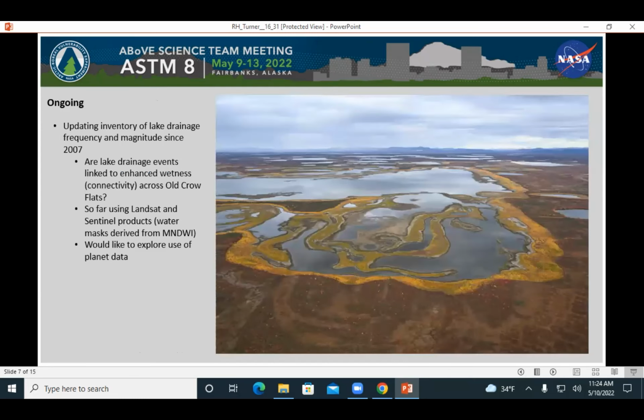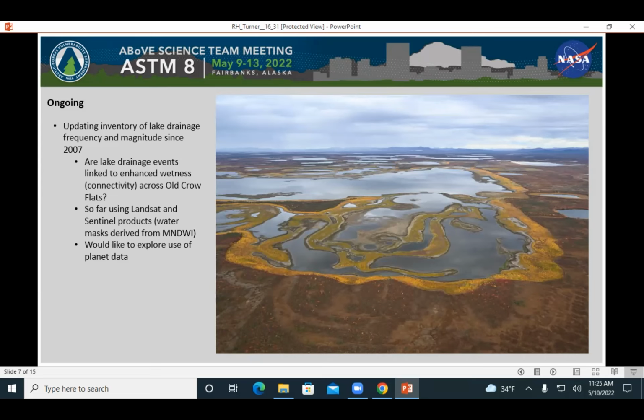So we also want to update our database of where lakes have drained, and water maps are useful for that, but we're still early on in doing that. And so the question is, how many are draining? What's the magnitude of them? Can we take what we learned from that Zoma Lake example and apply it effectively across the landscape?